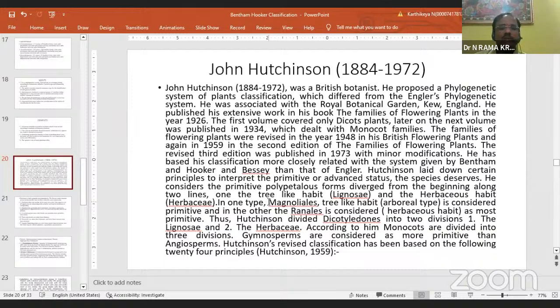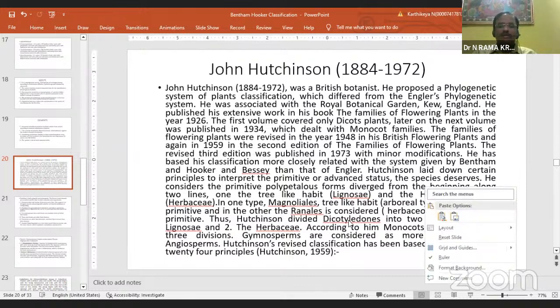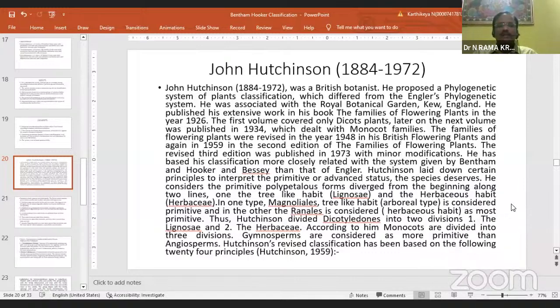Hutchinson divided dicotyledons into two divisions: Lignosae and second, Herbaceae. The classification is divided into three divisions: Gymnosperms, considered more primitive, then Angiosperms. Angiosperms have a total of three sections: one Magnoliaceae, and second, dicots. The dicots are divided into Lignosae, Herbaceae, and then Angiosperms.